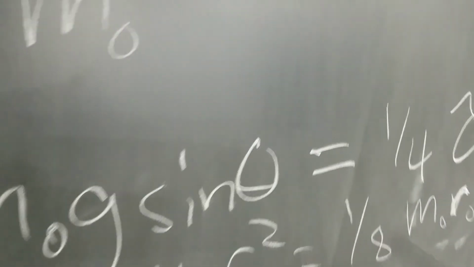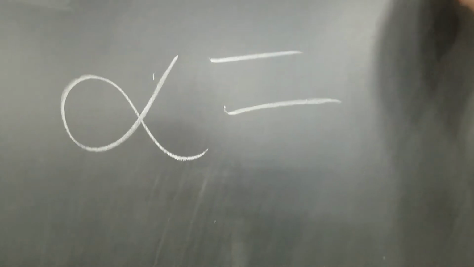So now if I solve that, alpha 2 is equal to tau 2 over I2.